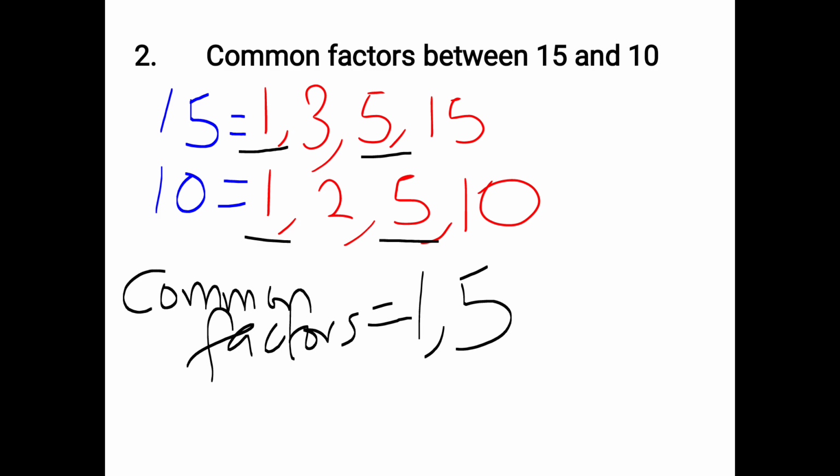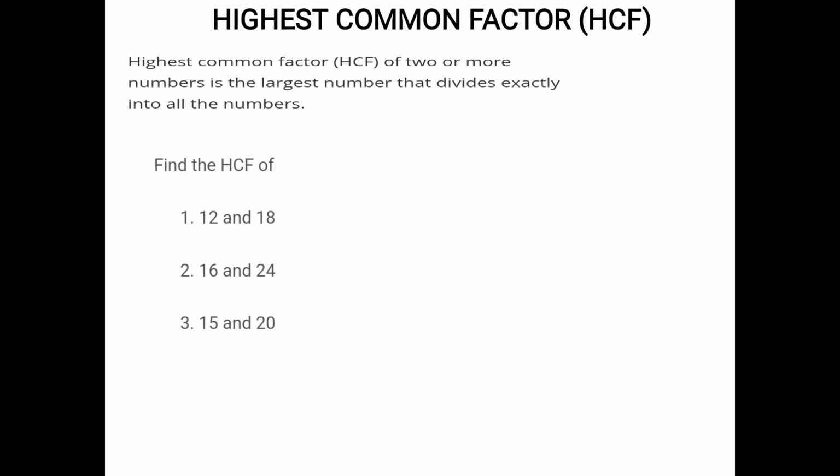No. Very good. So our common factors between 15 and 10 are 1 and 5. Can you see that? Very good. And now here is the main event. Highest common factor.